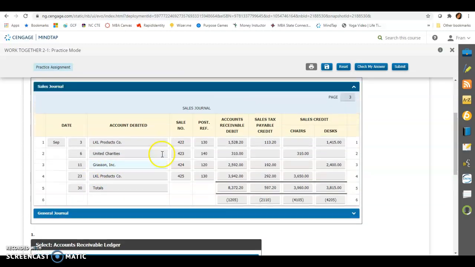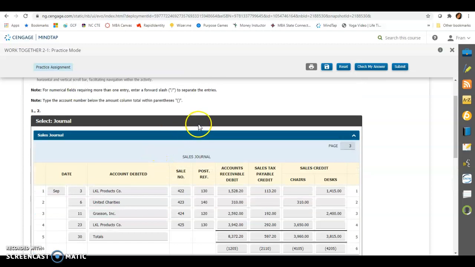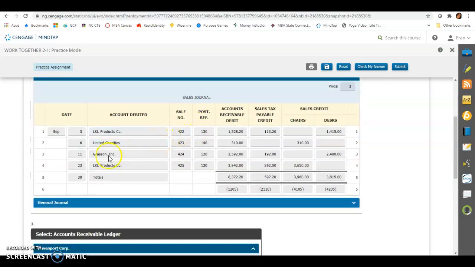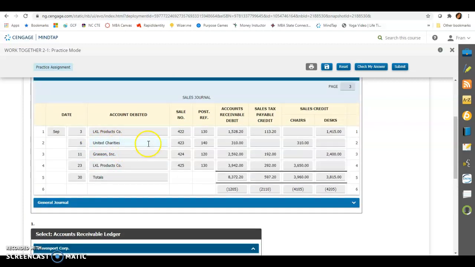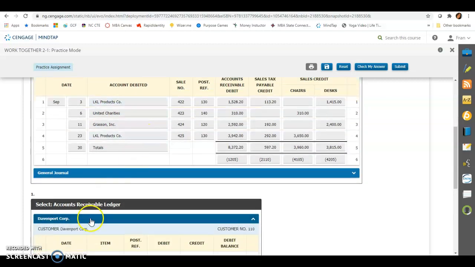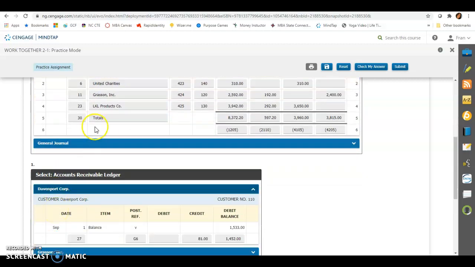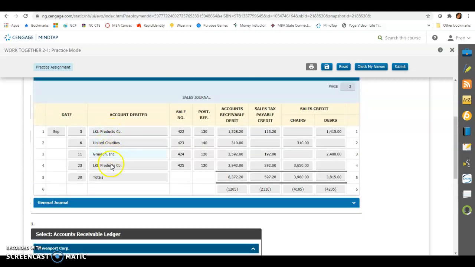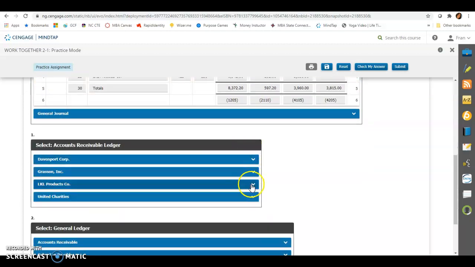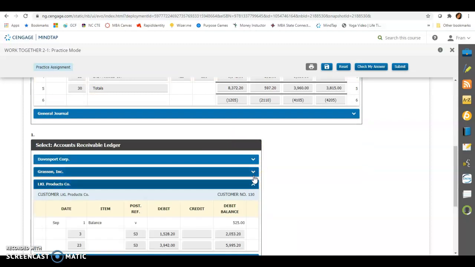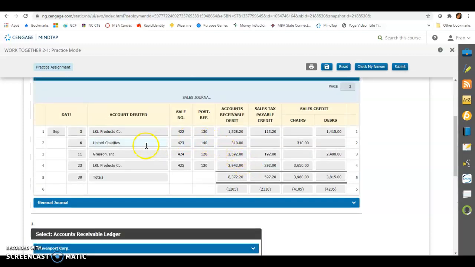All right, so there are different strategies you can use to make sure that you keep them in date order. But as you can see, if you go through here and do the ledgers first from the sales journal, you'll pull up LKL and post this on the 3rd.